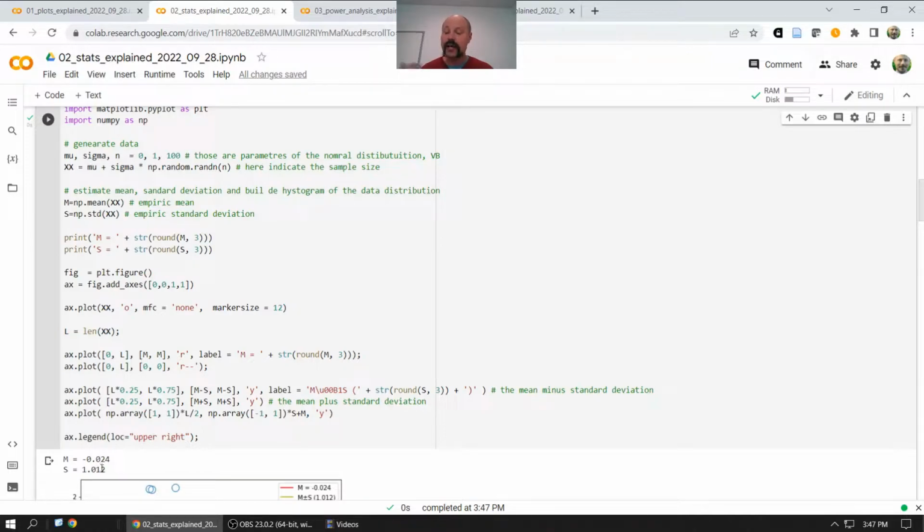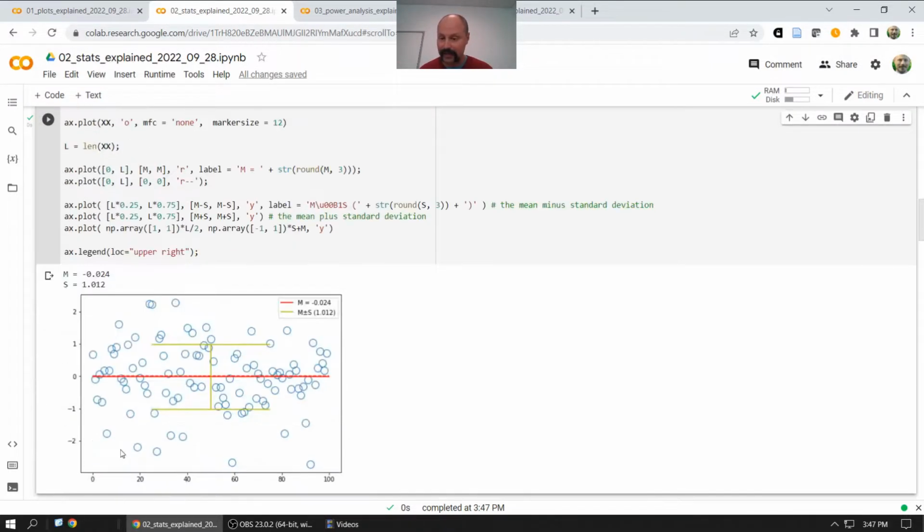Our results are close to what we expected. So you see, the mean is very close to 0, and the standard deviation, which is marked with those whiskers, is also pretty close to 1, but not exactly 1.